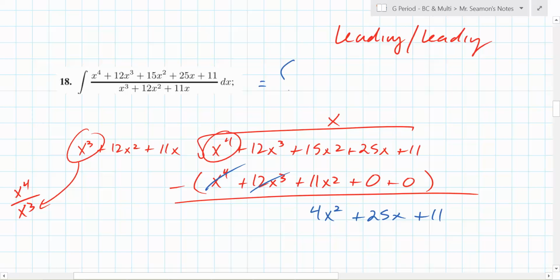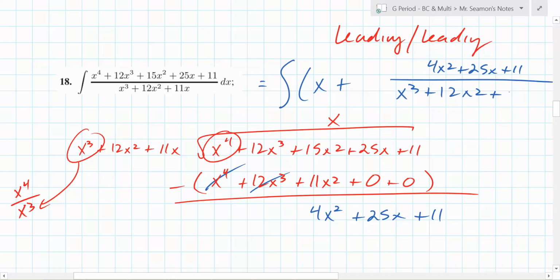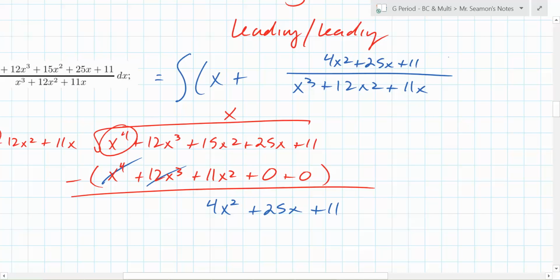So what does this now tell us? This tells us that this is equal to the integral of x plus 4x squared plus 25x plus 11 all over x cubed plus 12x squared plus 11x. So all the division allowed us to do is rewrite it. This is the remainder, right? Because this power is less than that power right here, you stop.